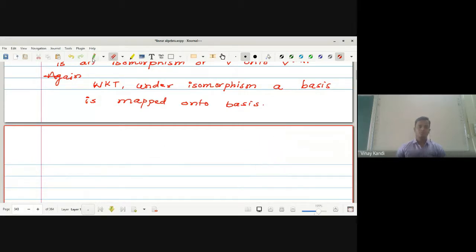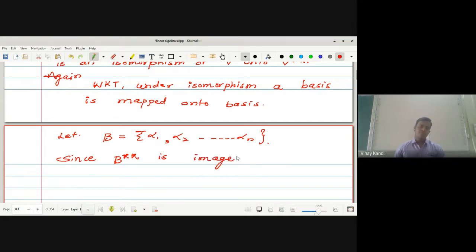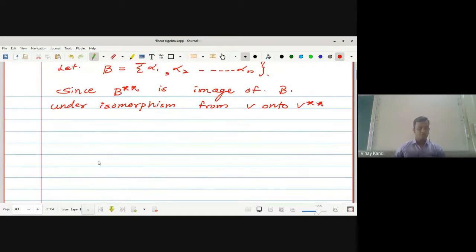Okay, now let B be equal to alpha 1, alpha 2, up to alpha n, a basis of V. Since B double star is the image of B under the isomorphism from V onto V double star, what do we have?